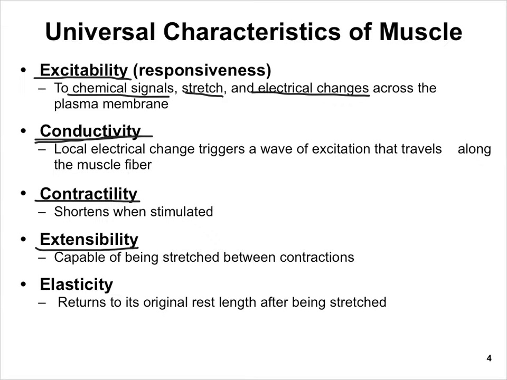But not only that, all muscles can actually be stretched beyond their normal zero position, and when they are stretched, they will return to their normal length. That function is called elasticity, and it's the last property that is universal to all muscle cells.